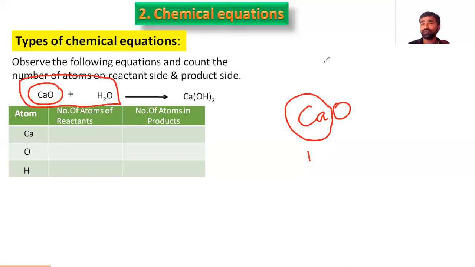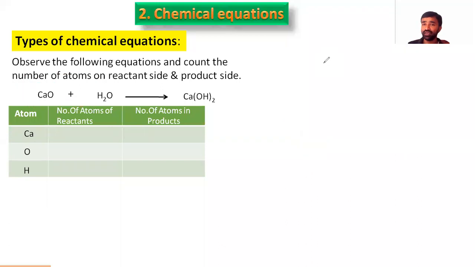No, not repeated. So I will take the count of calcium in the table as 1. Then we go for the oxygen count. Oxygen is present here and also here. How many? Here nothing is there means 1, and here nothing is there means 1. Then totally 2, 1 plus 1. So the number of oxygen atoms on the reactant side, the left side, is 1 plus 1, which is 2.